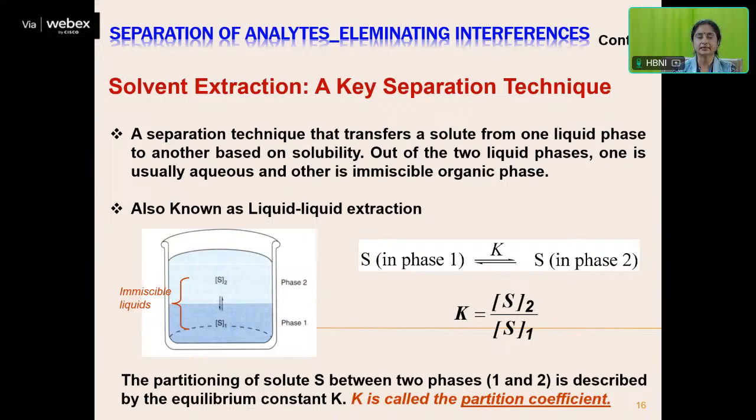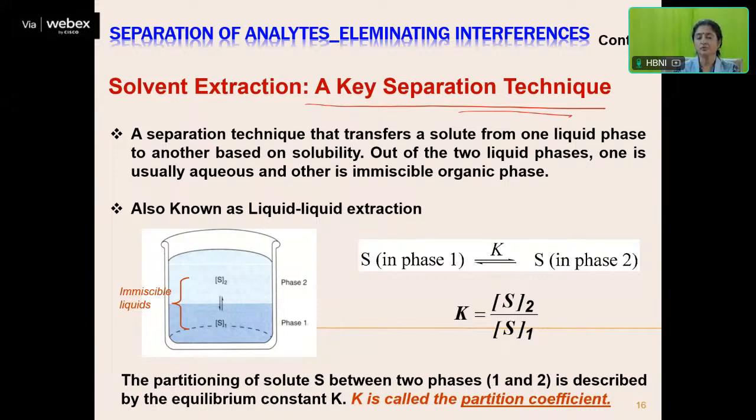So now we'll see two of the important separation techniques a bit more elaborately. That is solvent extraction and ion exchange chromatography. So now let us look into solvent extraction. What is solvent extraction? It is a very important separation technique that transfers a solute from one liquid phase to another based on its solubility.